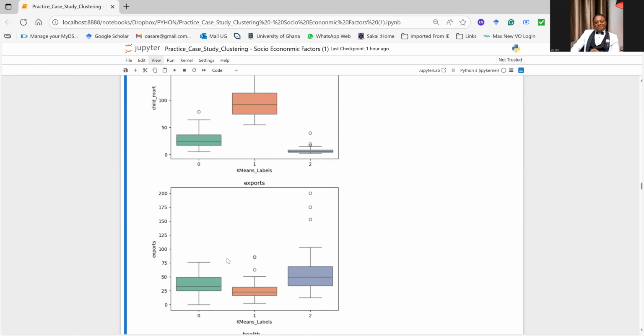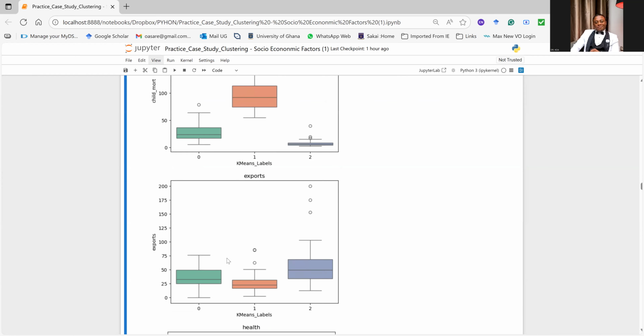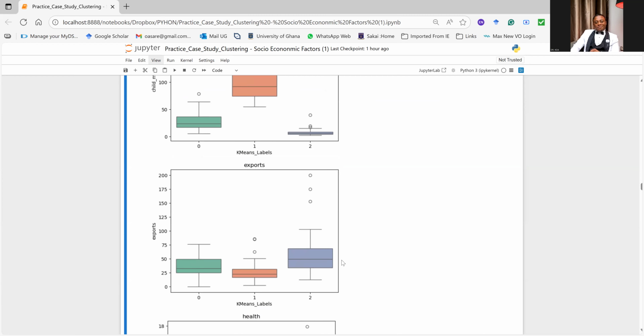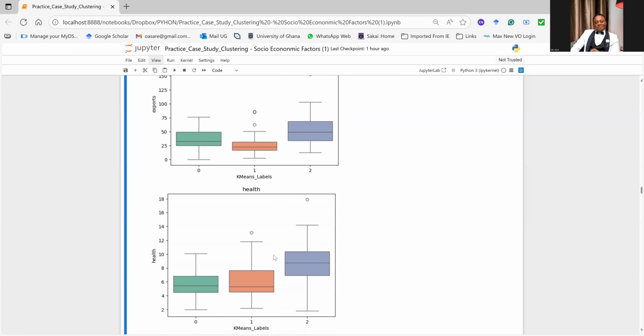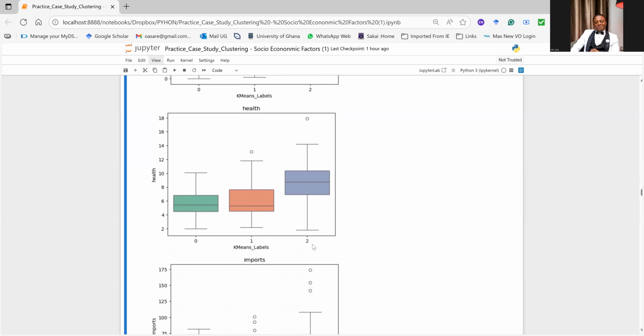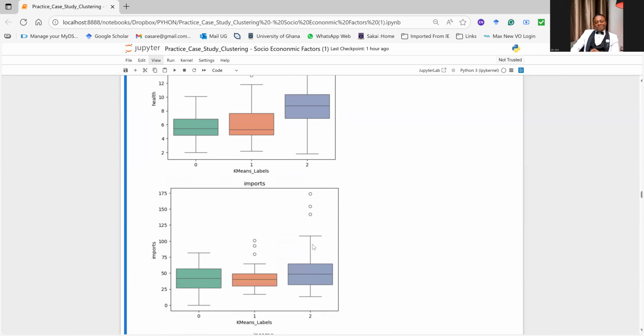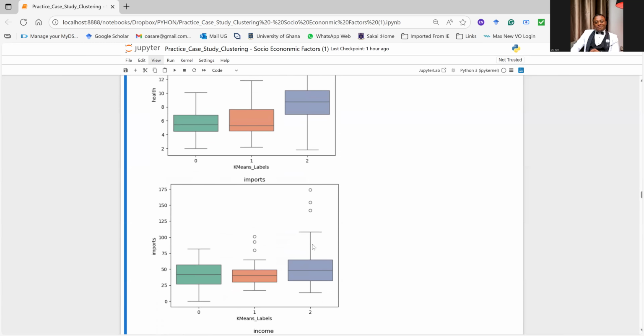Export: you can see that the wealthy countries have higher export, looking at the center. Of course, there are a couple of outliers in all of them. And when you take health, the wealthy people appear to have higher health. And then import: wealthy people import very well.